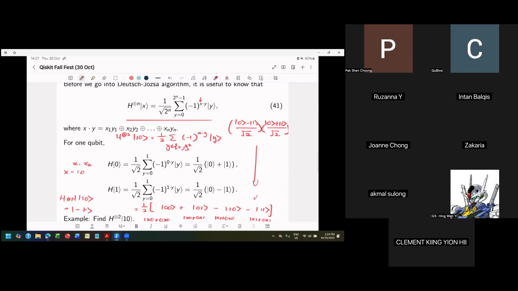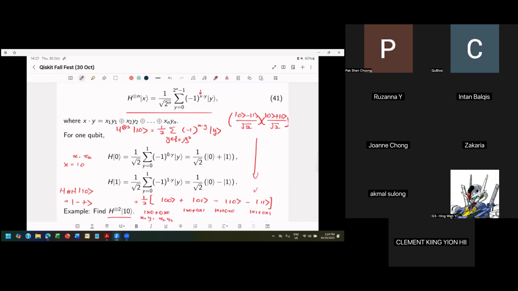Let's say x1 and y1 is... So y is a little bit confusing when you write it in this summation, but it will be clearer if you perform the summation in this manner. You know that your summation of y has to be 0, 0, 0, 1, 1, 0, and 1, 1.